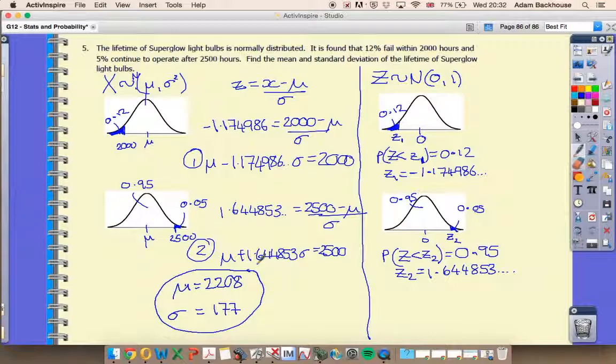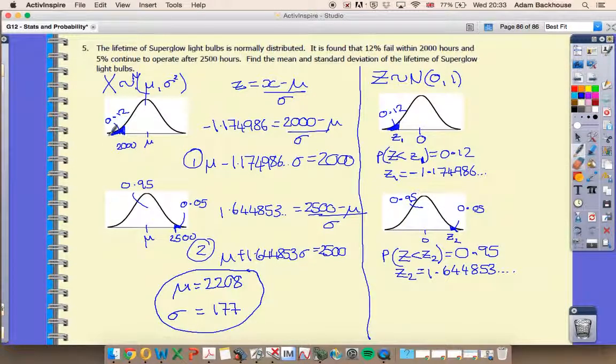If you were at all unsure about those answers, you had time to check them, perhaps, as this is probably one of the tougher questions in an exam and you want to make sure you're picking up all those marks, you could go back to this information now. You could use your normal cumulative distribution function.